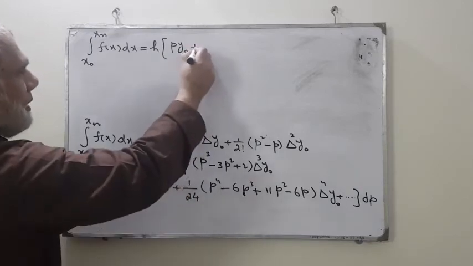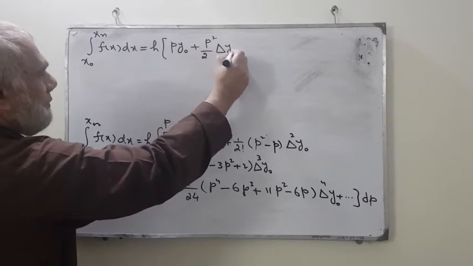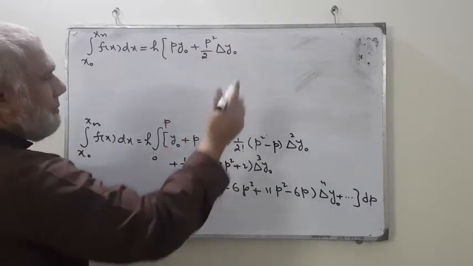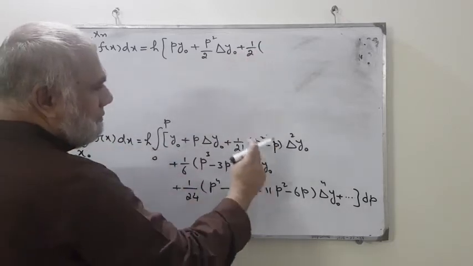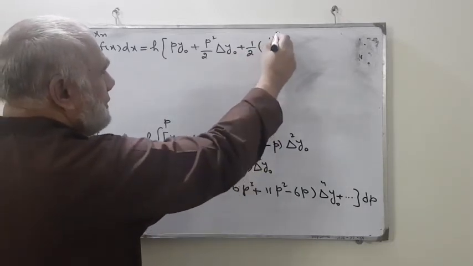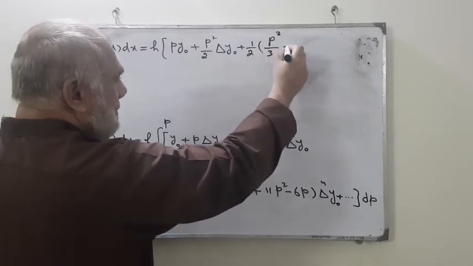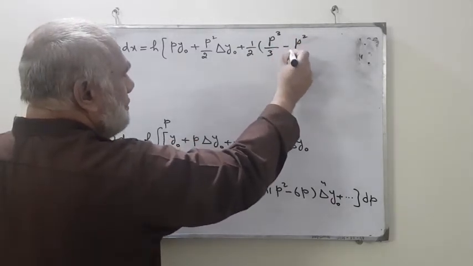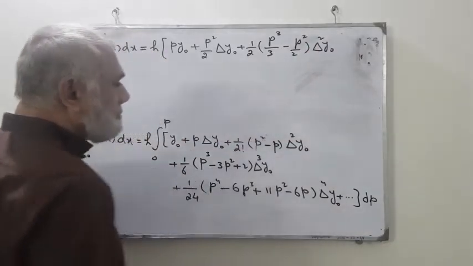From here we get plus p square by 2 delta y0. From here we get 1 by 2, and all the terms within the bracket will be integrated with respect to p, giving p cube by 3 minus p square by 2, outside delta 2 y0.